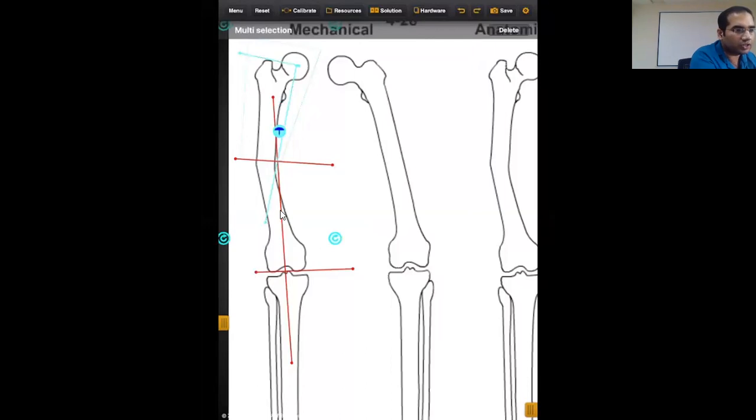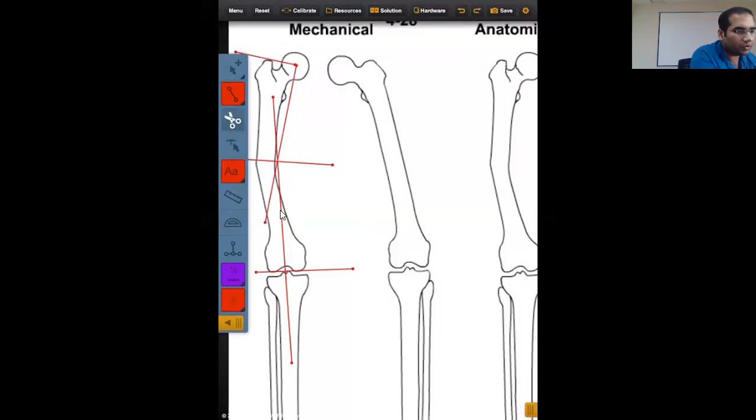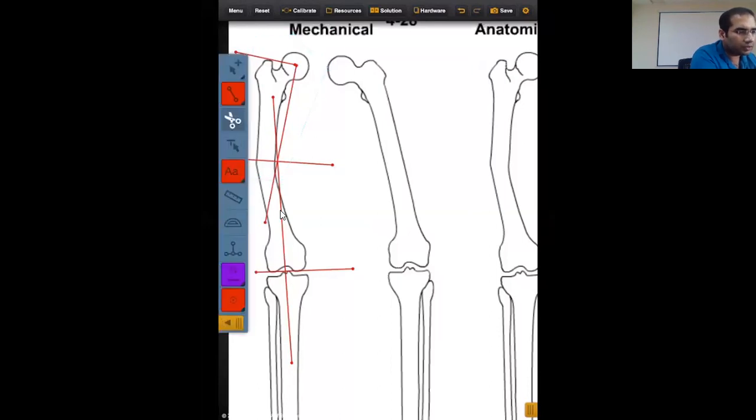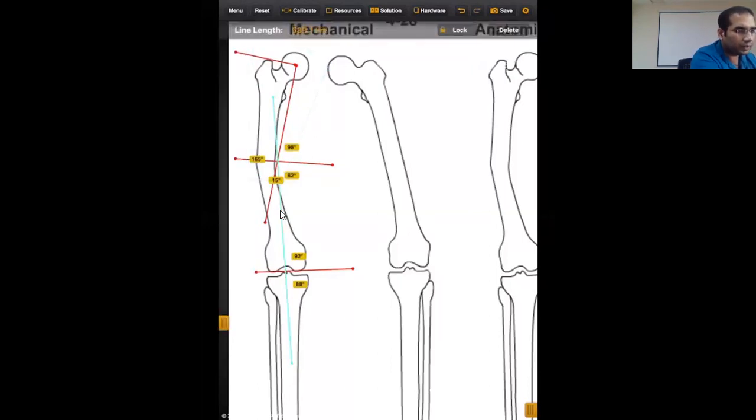If I don't do my osteotomy there, I want to do an osteotomy somewhere away. Okay. So what is going to happen now?